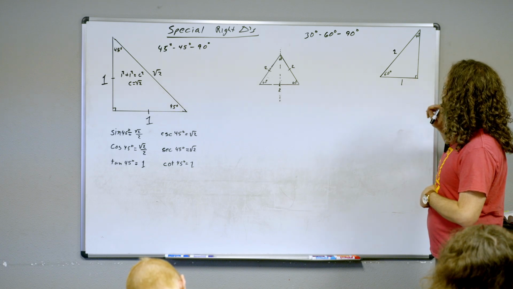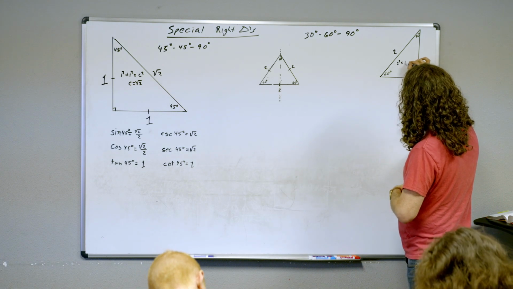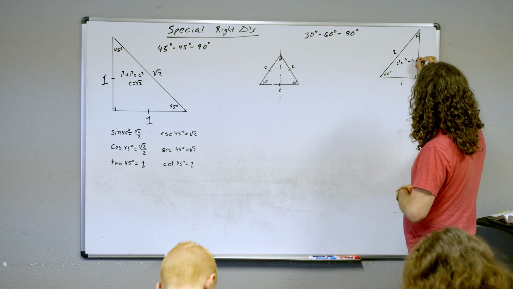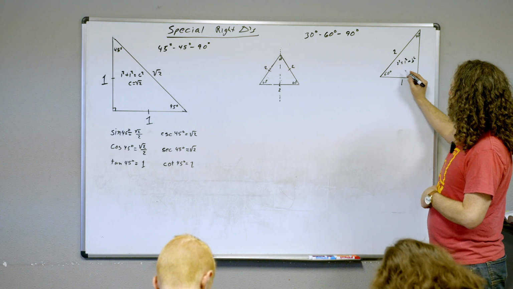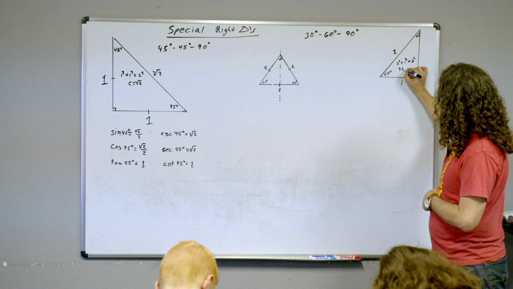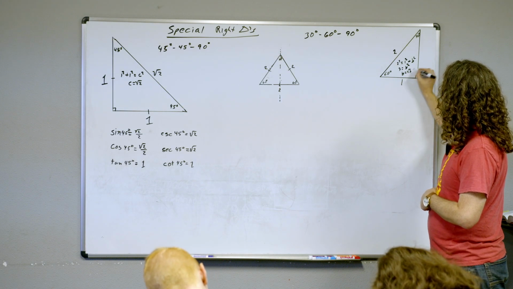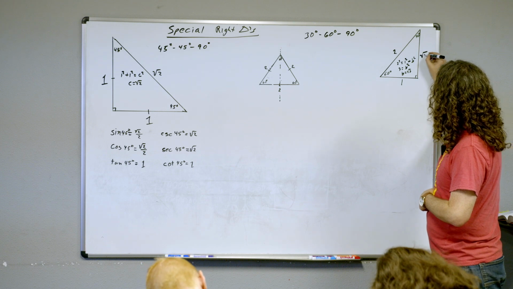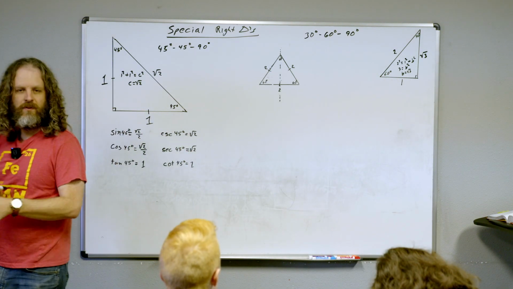This one we need the Pythagorean theorem for. So we've got 2 squared equals 1 squared plus b squared. So 4 minus 1 is 3, and b equals the square root of 3. So this side is the square root of 3, and that's the most reduced ratio we can get for that guy.